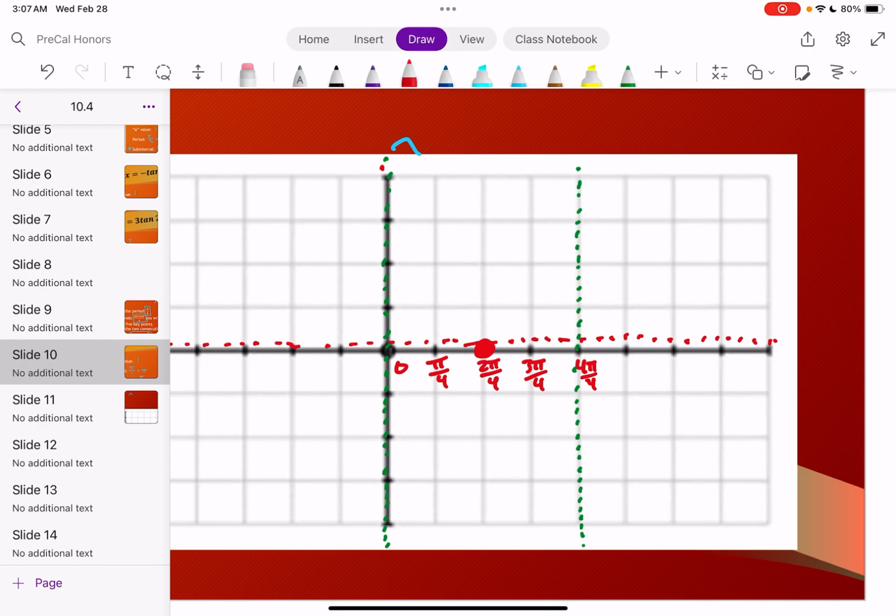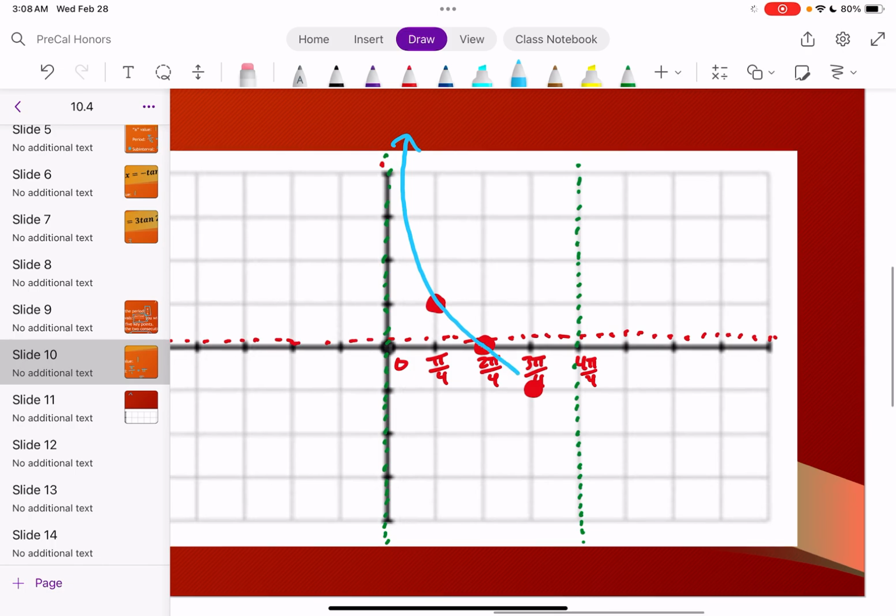So we are going to go right 1, down 1. When we're going to the left, we're going to go left 1 and up 1. And that would be our cotangent graph.